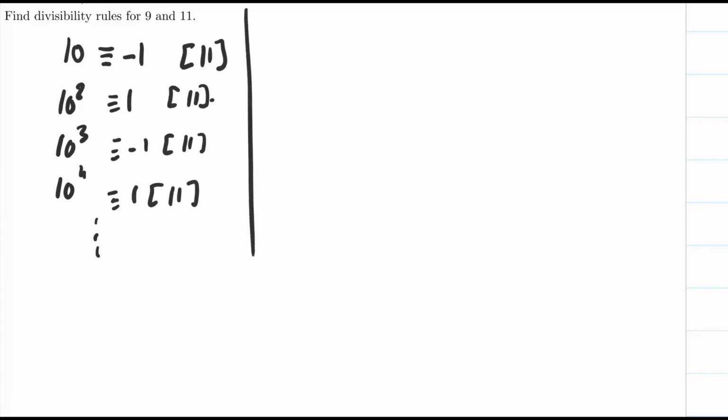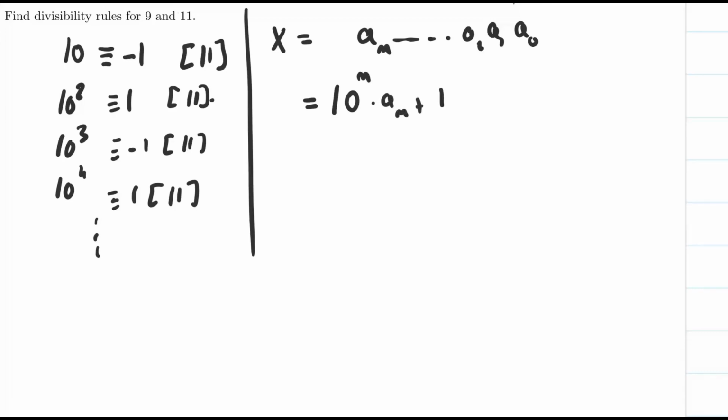Okay, now I take an x which has this decimal representation. The units digit is a0, then a1, a2, until an. It's the decimal representation, and this means exactly that the number x is 10 to the n times an plus 10 to the n minus 1 times an minus 1, and so on and so forth, until I get to 10 squared a2 plus 10 a1 plus a0.